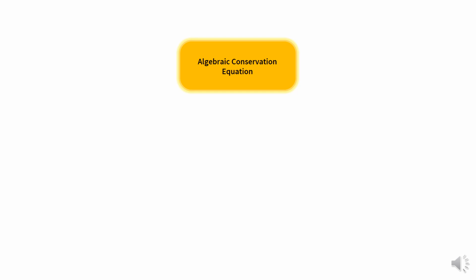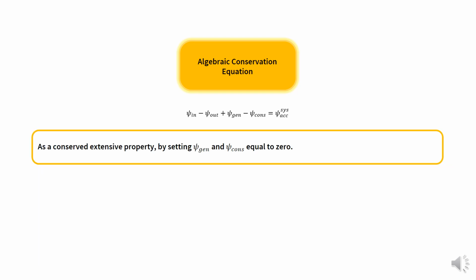The algebraic conservation equation can be written as psi in minus psi out plus psi generation minus psi consumption is equal to psi accumulation. As a conserved extensive property is neither created nor destroyed, the algebraic accounting equation is reduced by setting psi generation and psi consumption equal to 0.